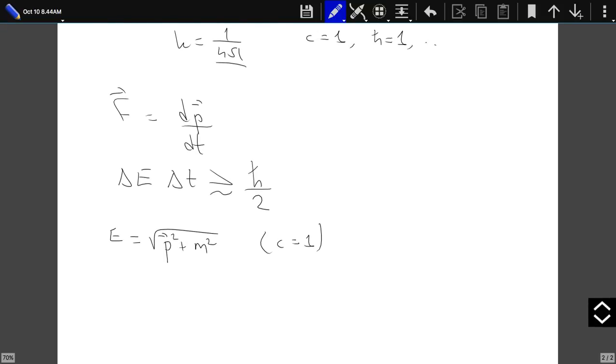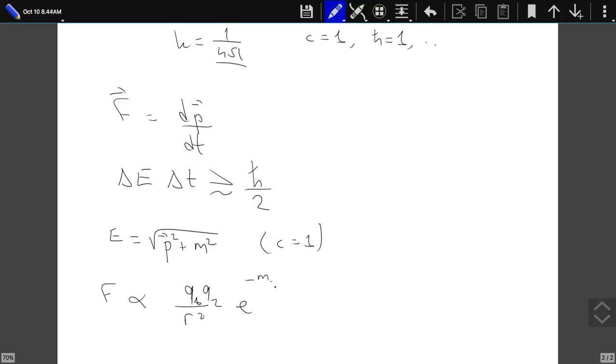Now, if the photon had a mass, we know that for massless photons the force is Q1 times Q2 over R squared. And if the photon had a mass, it cannot go very far. It will be suppressed at long distances.